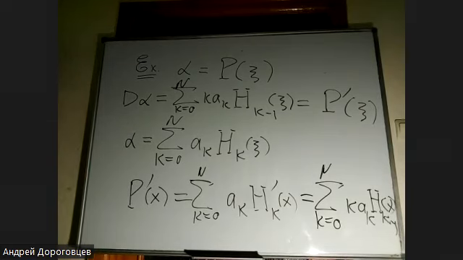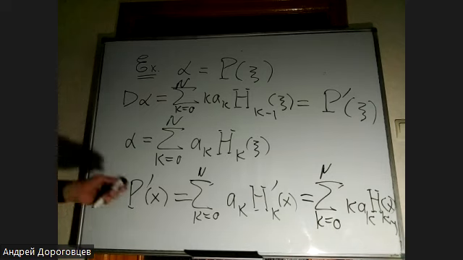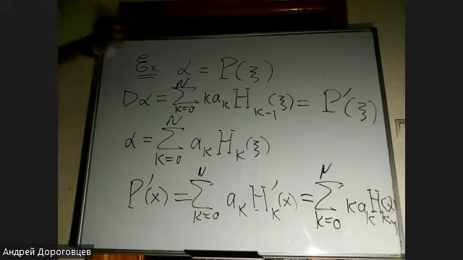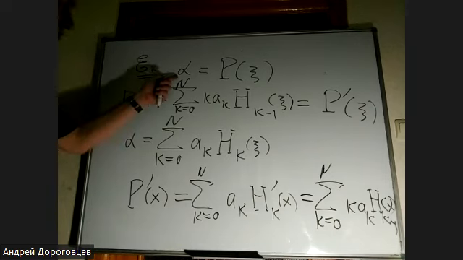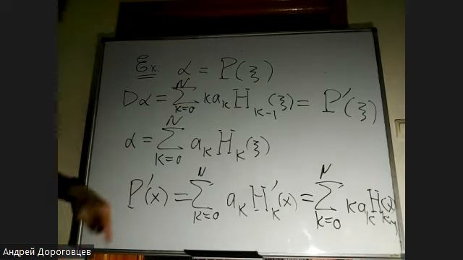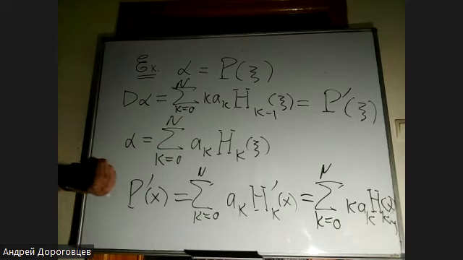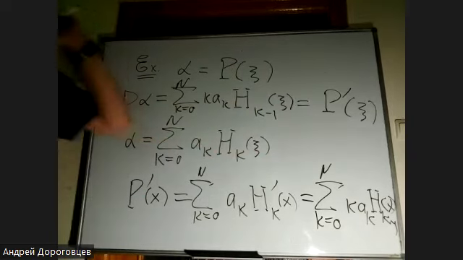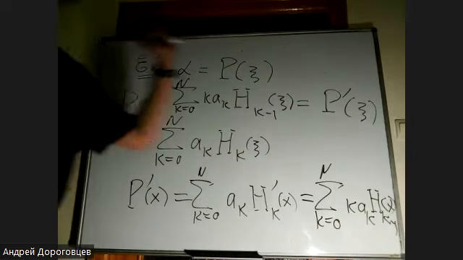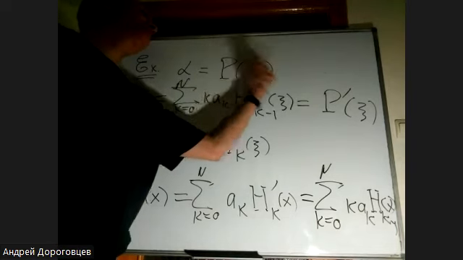So if we have a representation of alpha as a polynomial of psi, then alpha must have a stochastic derivative, and the stochastic derivative is simply the derivative of the represented function at psi.